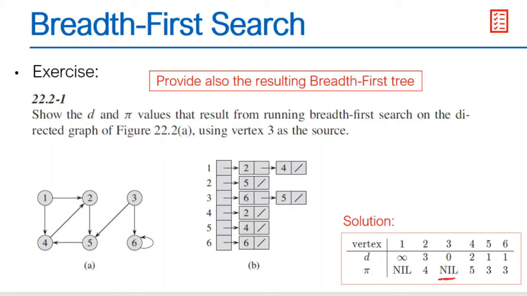So the answer is the BFS does not assume any particular preference or any particular order between these two vertices, and they will have the same distance because we don't visit the other vertices before we exhaust these two.